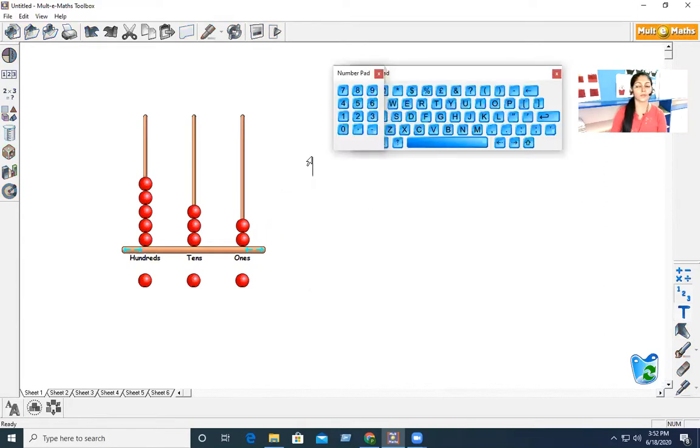What is the number? What do you think is the number? The answer is 532. Did you get it right? Now how will I write it in words?